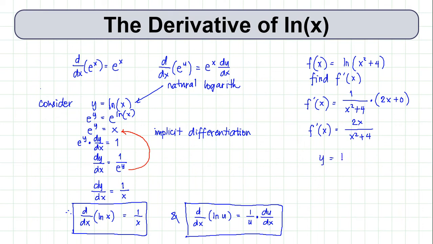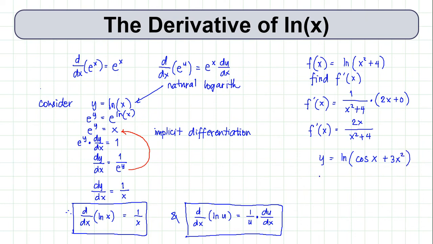Y is equal to ln of ln of cosine x plus 3x, ganyan, squared.